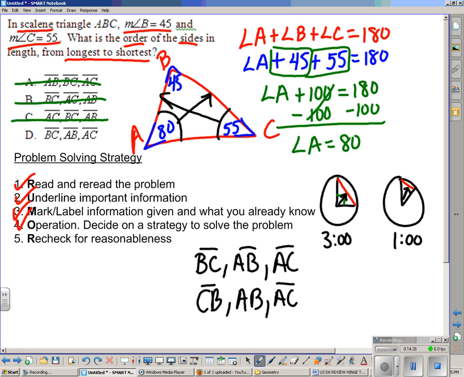So whether you call that side BC or CB, you are in fact talking about this very same side. So don't fret if those letters are reversed. You're still talking about that same side. All right, so there you have it. The answer is D. There you go.